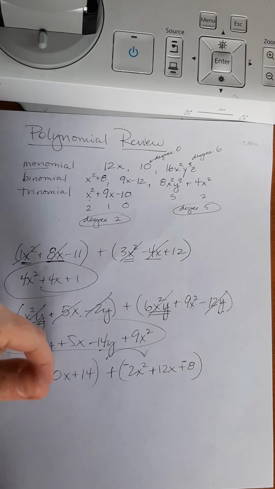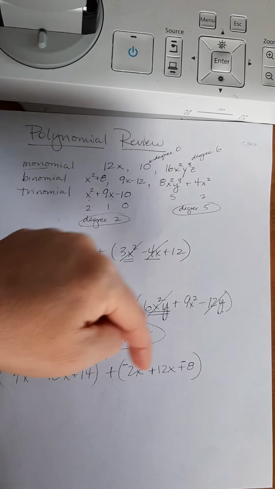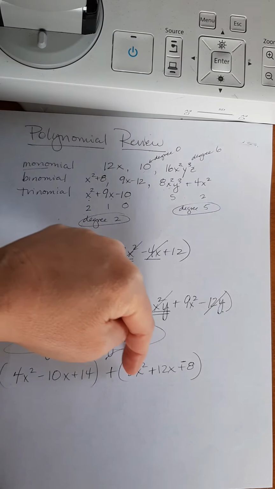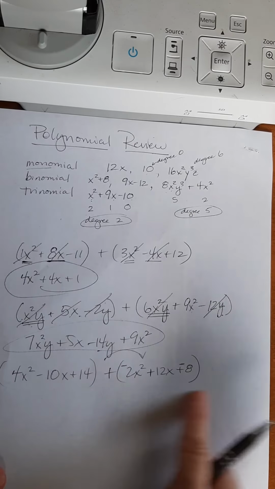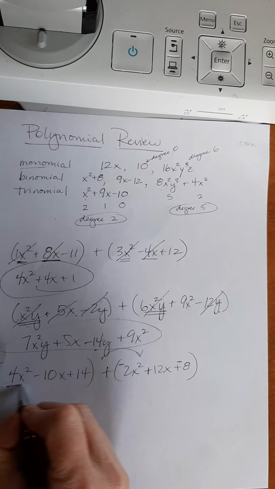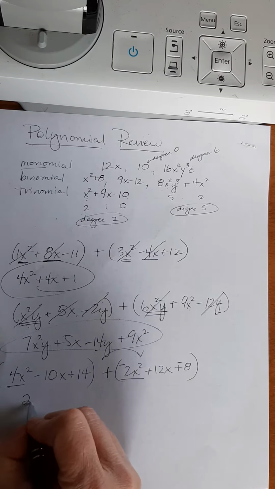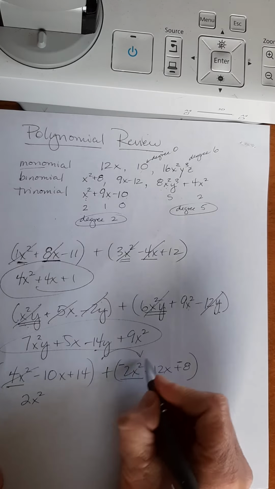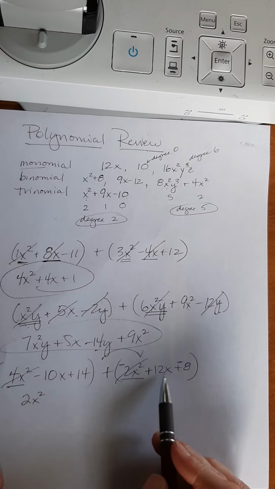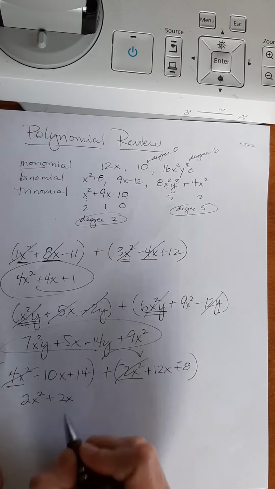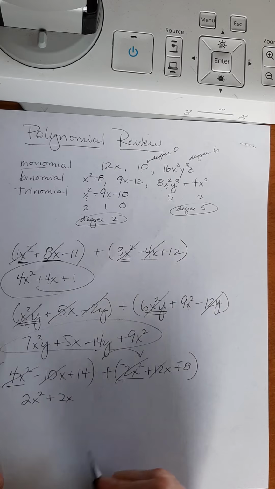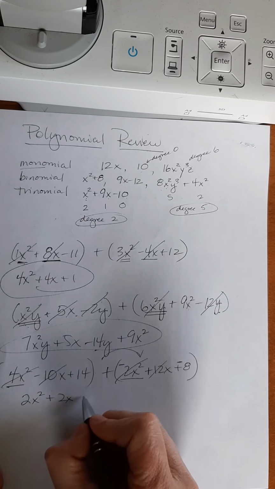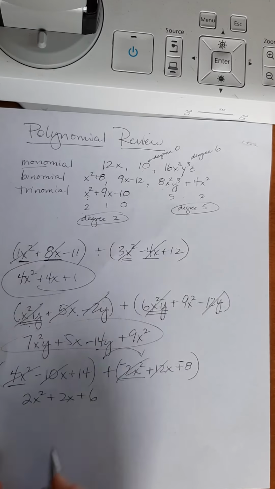Never, ever mess with the ones in front. It's always minus or add the opposite of those. Once you get to there, it's just like we were doing. X squared and x squared. So 4 minus 2, 2x squared. Negative 10 and 12 plus 2x. And 14 minus 8 plus 6.